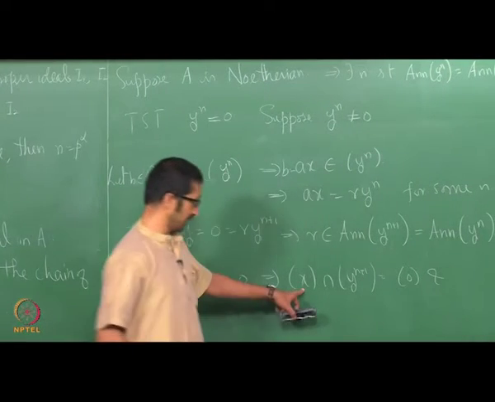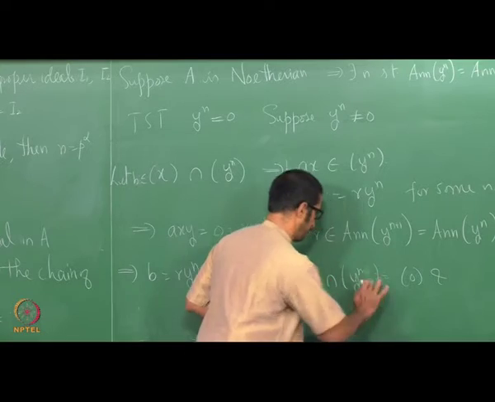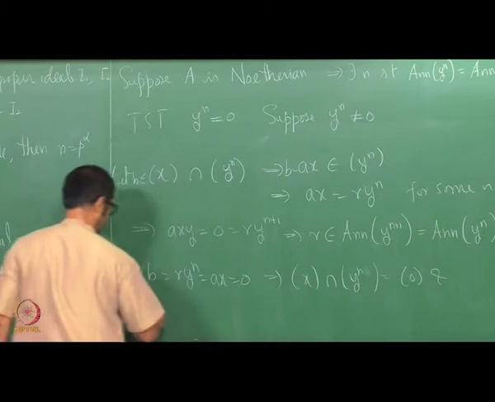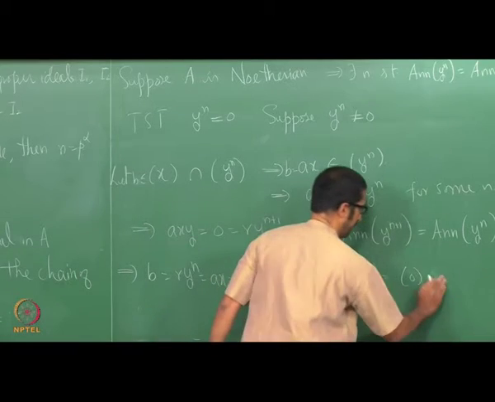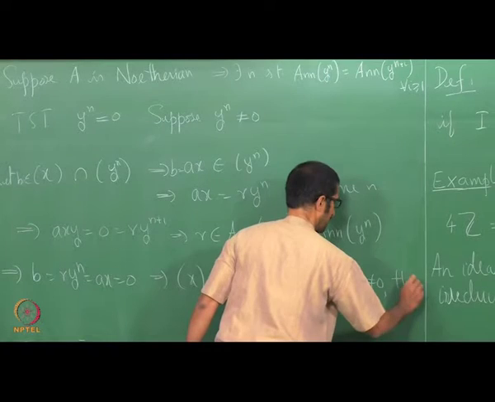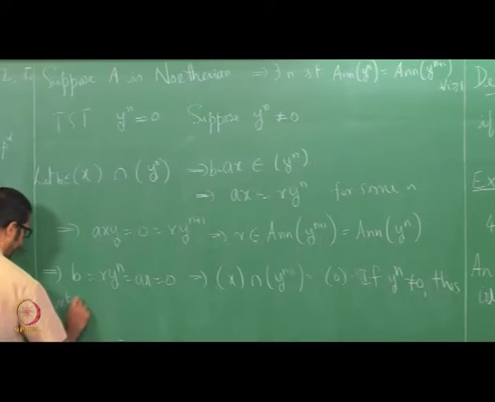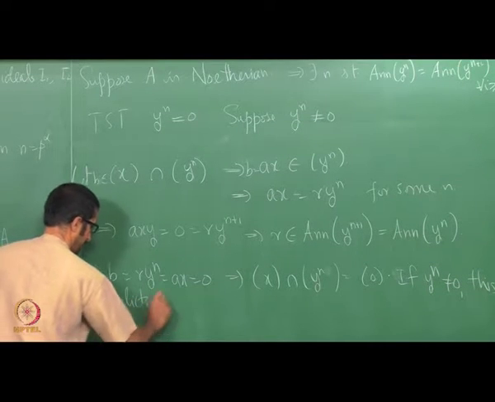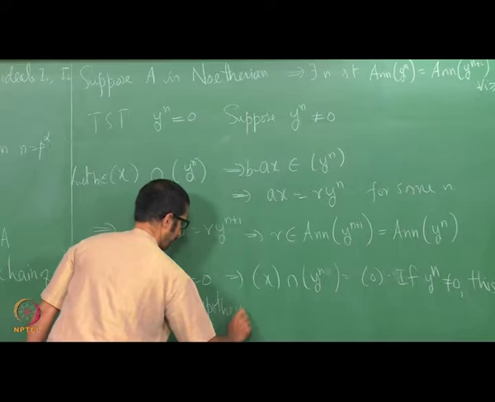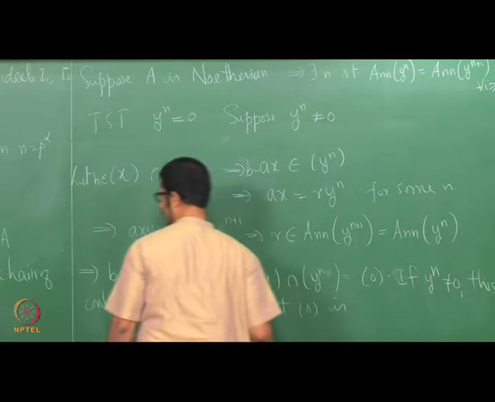So this is 0. Not only that, both of them are non-zero. So this, if y power n is non-zero, contradicts the hypothesis that 0 is irreducible.